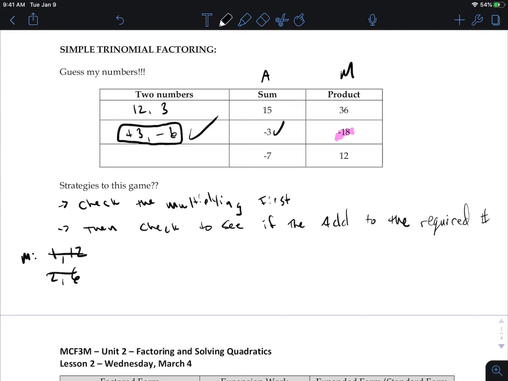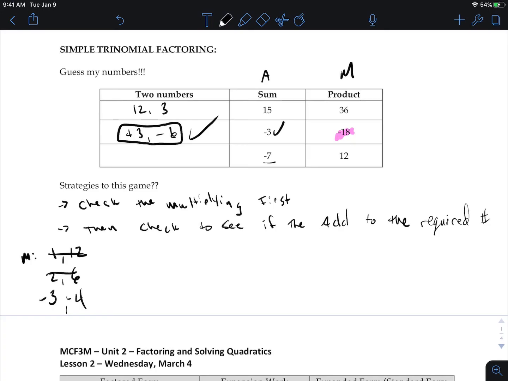Next one. I went from 2 to 3. I'm just counting up, asking what's the next multiple. 3 times what gives me 12? 4. 3 plus 4 gives me 7, but I need it to be negative 7. That's a problem, but there's nothing wrong with saying both of them are negative.